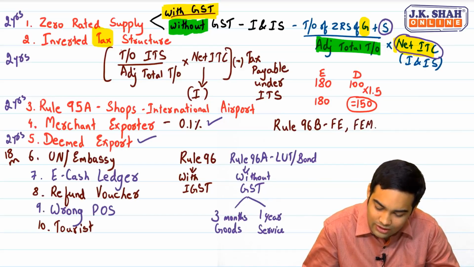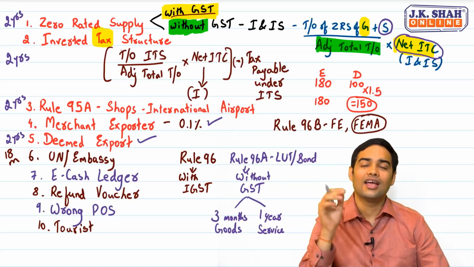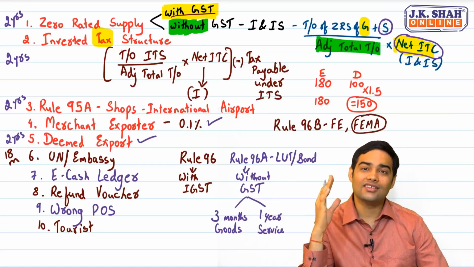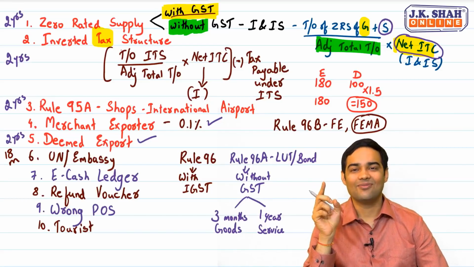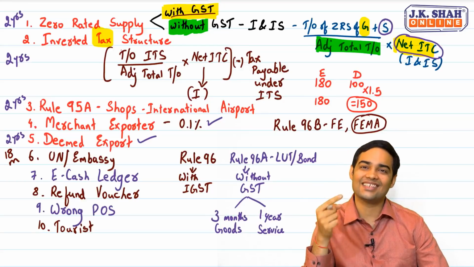If you don't receive the foreign exchange within time limit given in the FEMA, in that case, you'll have to refund the tax which has been refunded by government. You'll have to give back the tax to government which you claimed as refund.